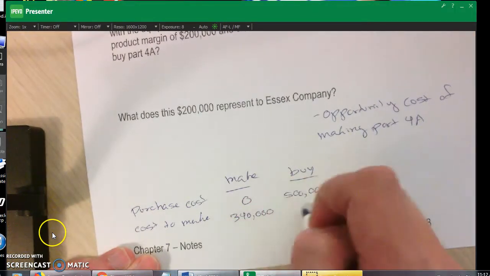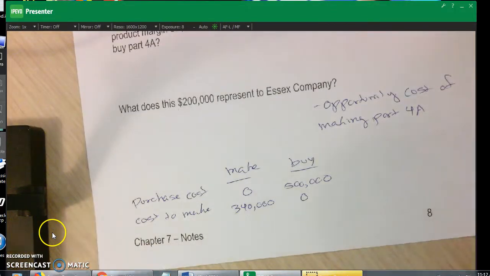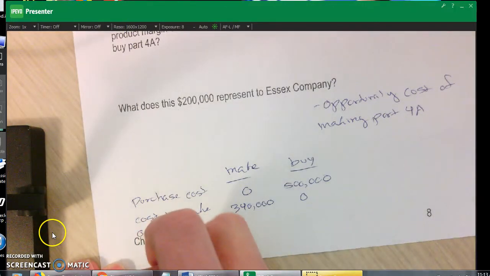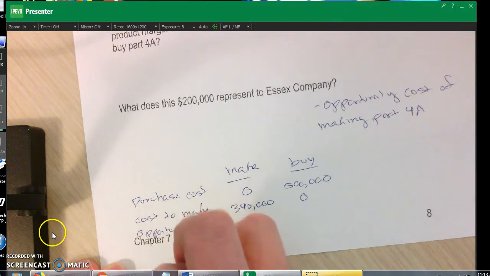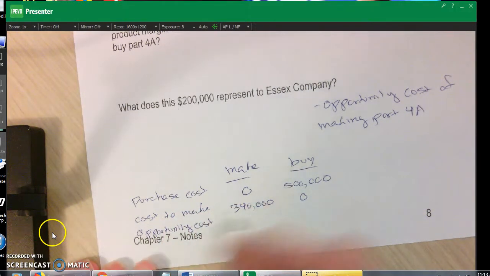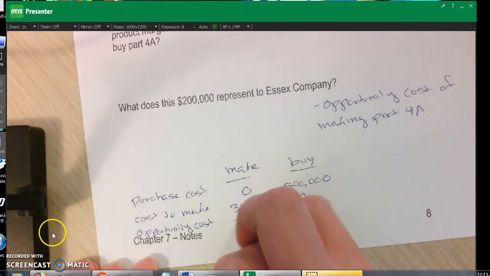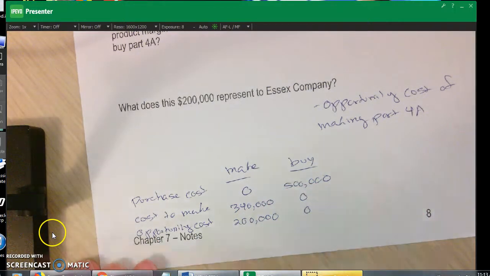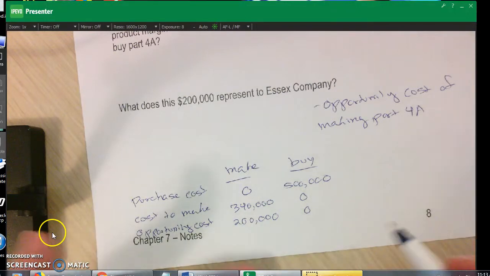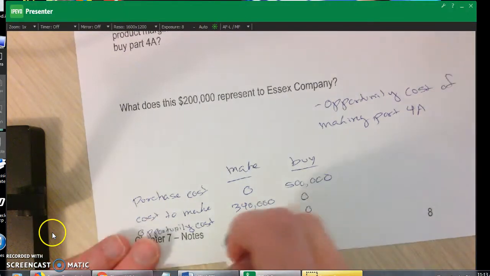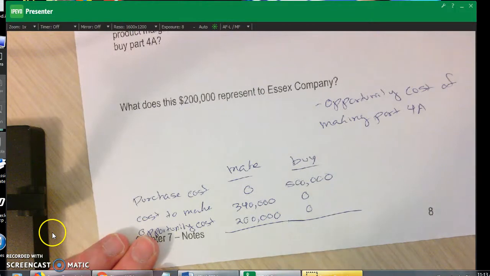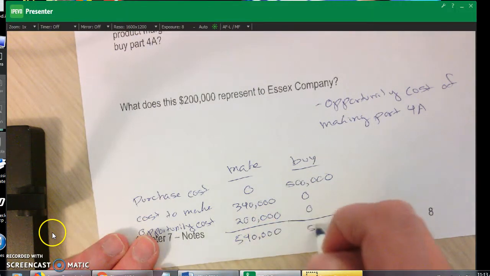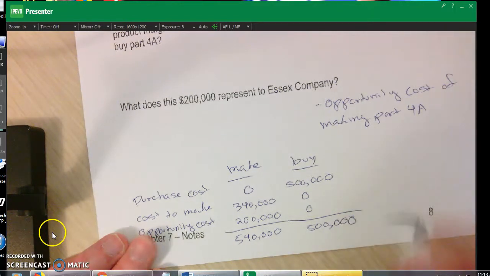Obviously, that would be zero here if we buy it, because we're making it. And so then we say our opportunity cost to make is another cost right over here of $200,000. And then, of course, it would be zero if we buy it, because we don't have an opportunity cost. So now we can add up the total cost. The cost of making it is $540. The cost of buying it is $500,000.